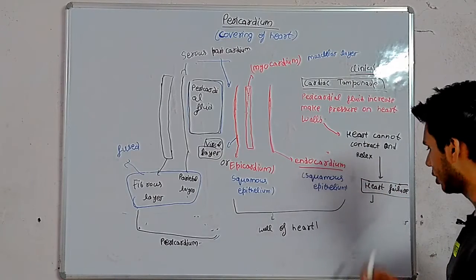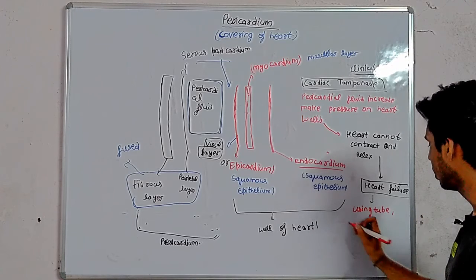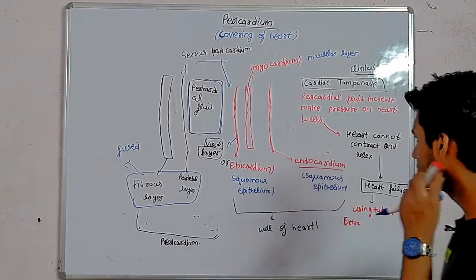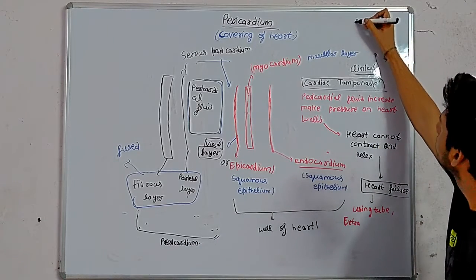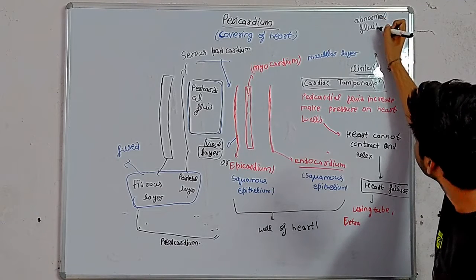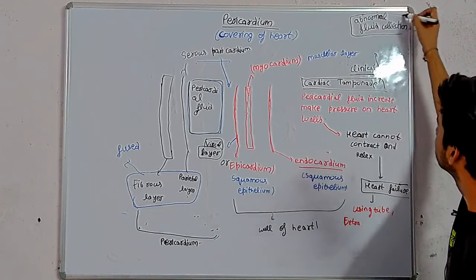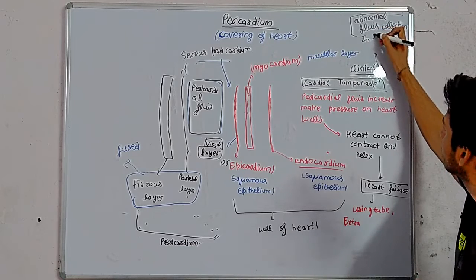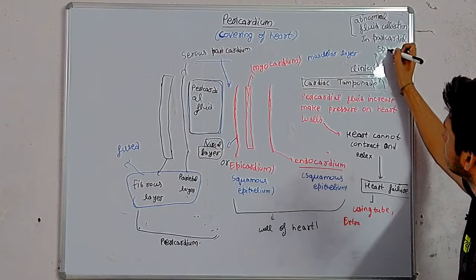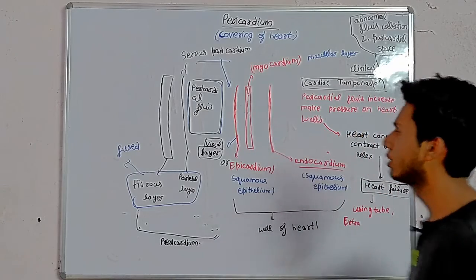The solution is using a tube. Abnormal extra fluid collection in the pericardial space, which is called cardiac tamponade, pushes the heart and makes pressure on it.